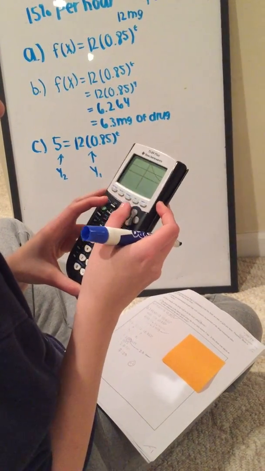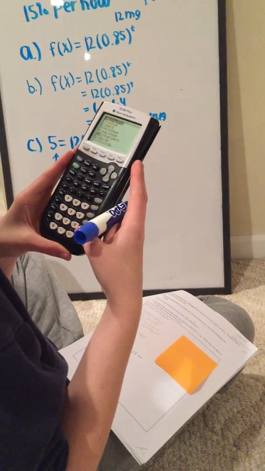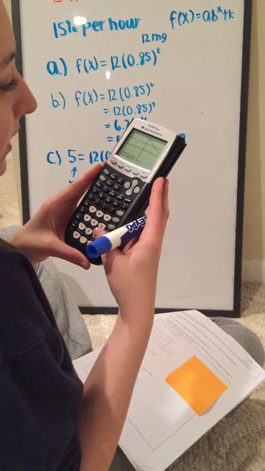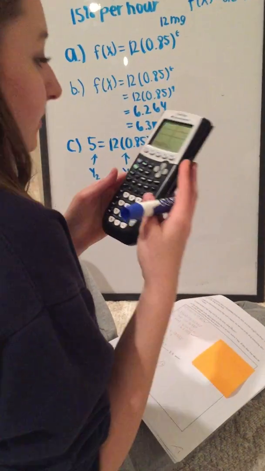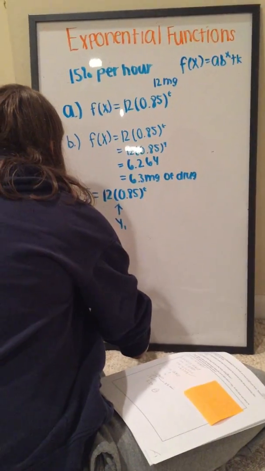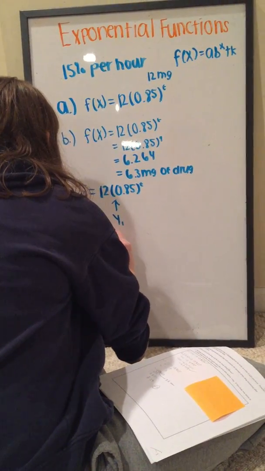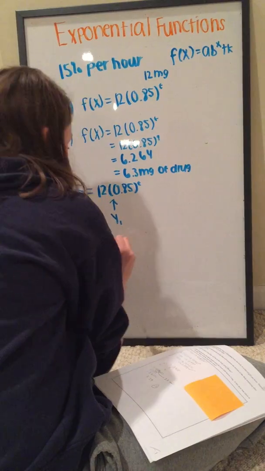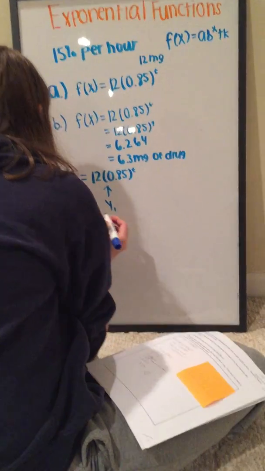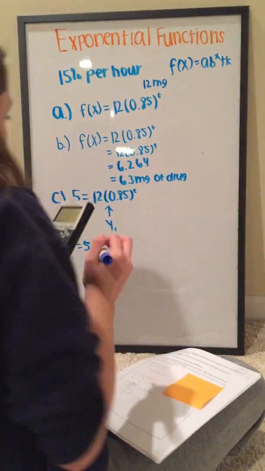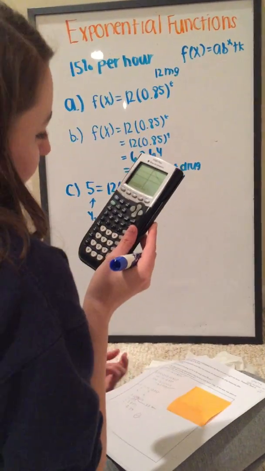So that would be second calc, and then intersect, and then press enter, and then you end up getting 5.386, and so that's how we find the answer to that, where the point of intersection is.